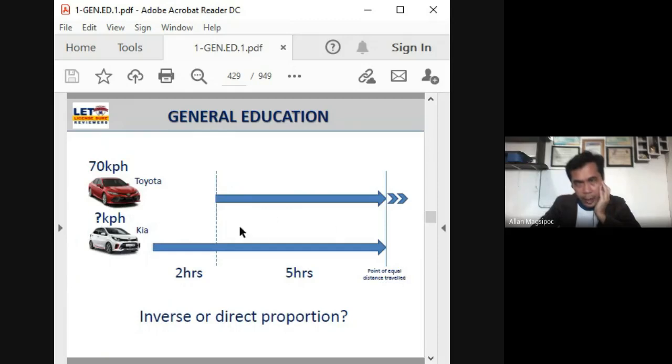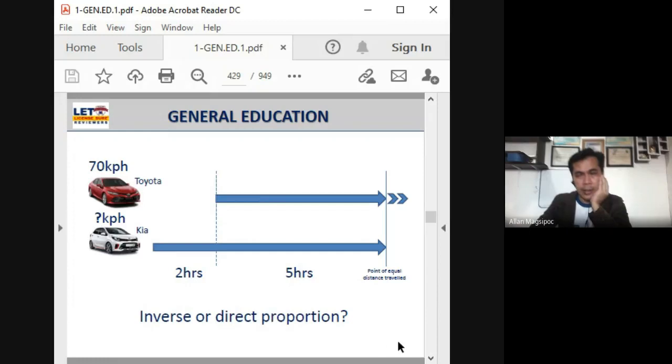So if we're going to look at the illustration, we see na the Kia car has been traveling for 7 hours already. Kasi nauna siya ng 2 hours sa Toyota, and after 5 hours, na-overtake siya ng Toyota, na ang speed ay 70 kilometers per hour.